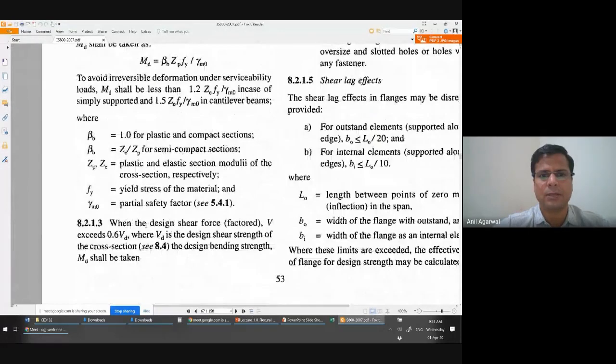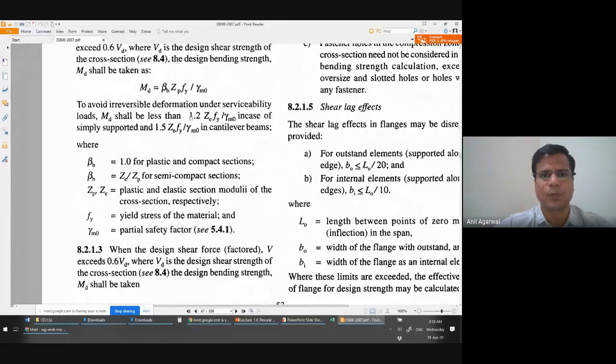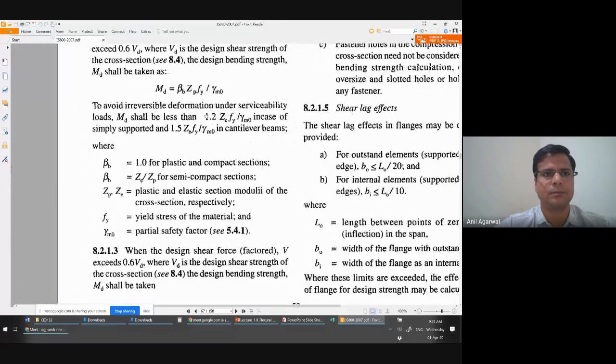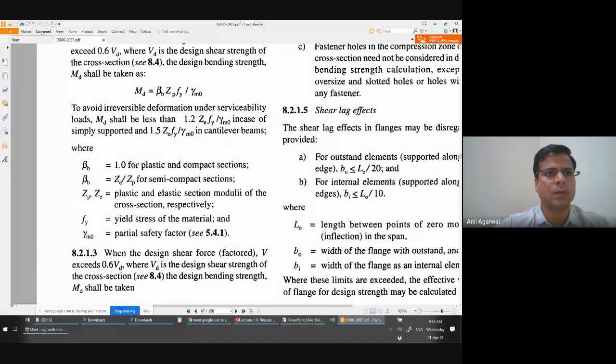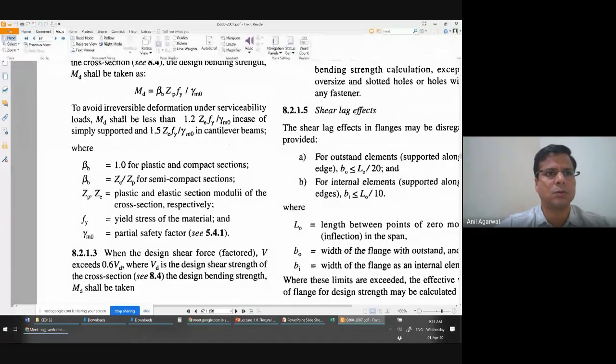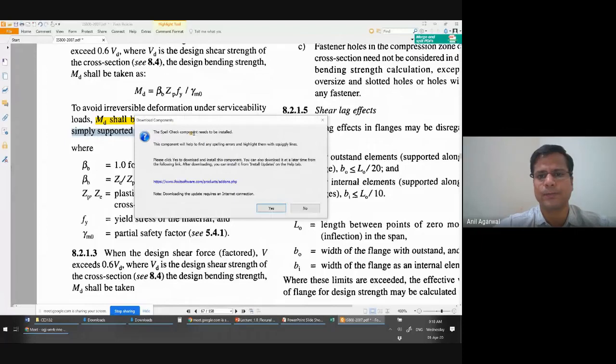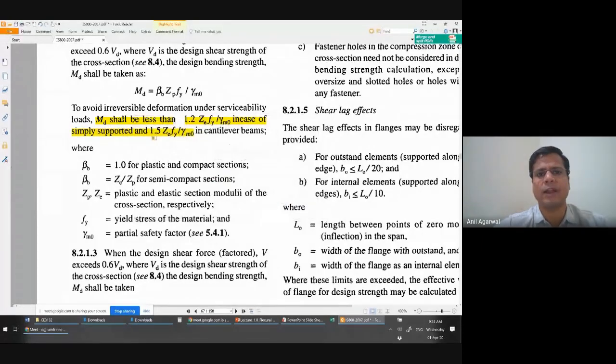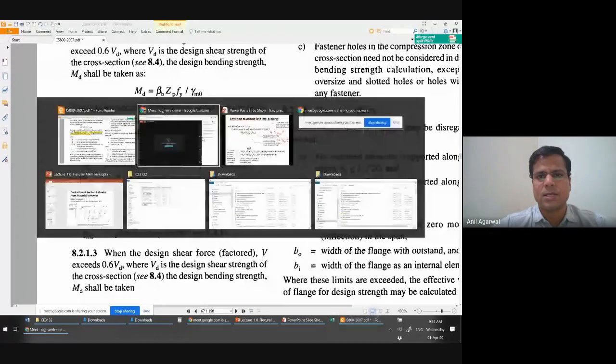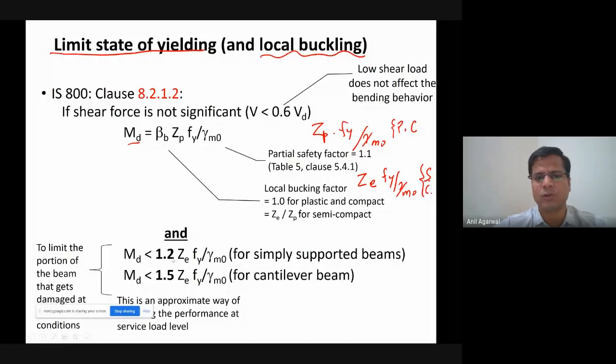And in addition to that, these two lines here: MD shall be less than 1.2 times this in case of simply supported, and 1.5 times this in case of cantilever beam. So what it is saying here is MD should be less than 1.2 times the ZE Fy by gamma M0.